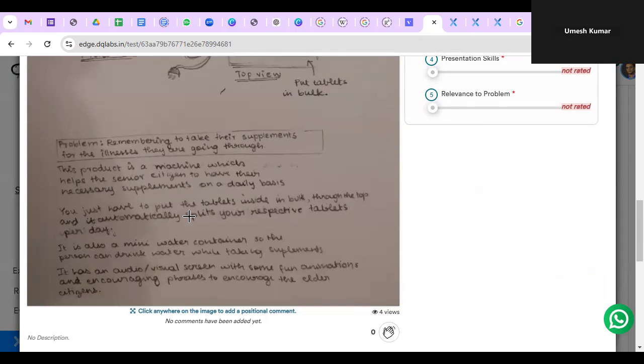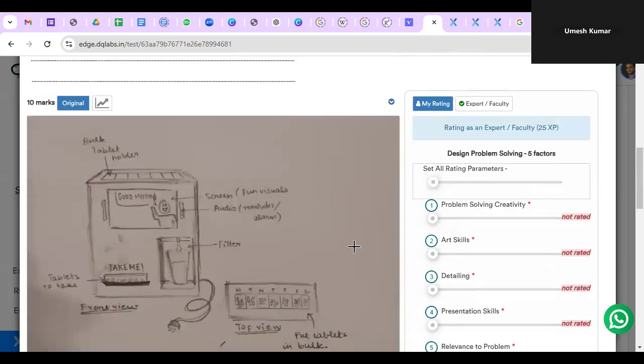You just have to put the tablets inside in bulk through the top, and it automatically splits your respective tablets per day. It is also a mini water container, so the person can drink water while taking supplements. It has an audio visual screen with some fun animations and encouraging phrases to encourage the elder citizen.